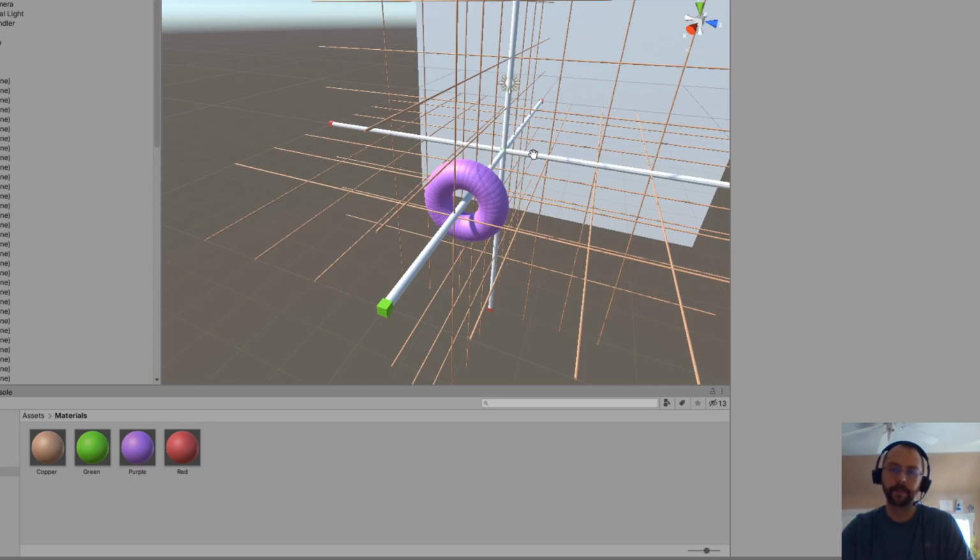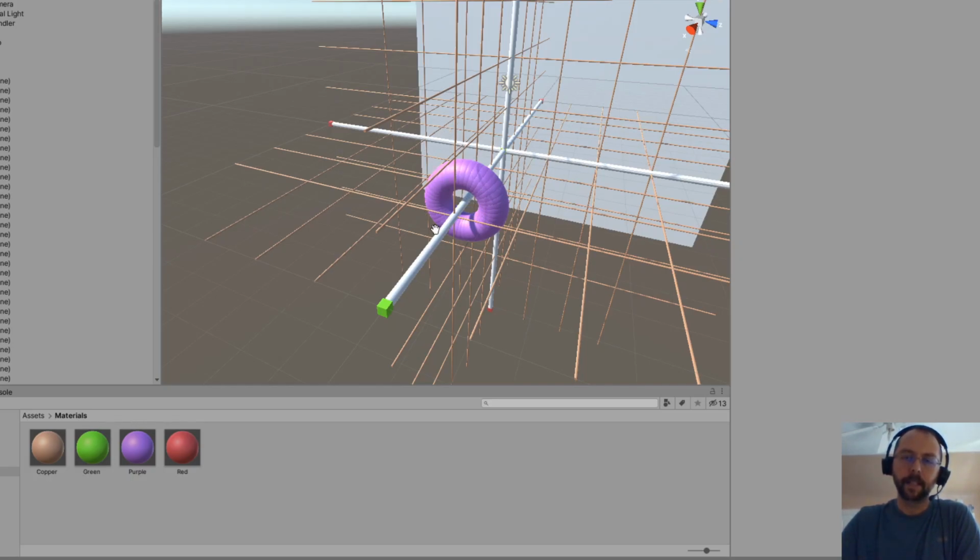This is Y, this is Z. These axes up here are wrong. Unity uses these axes naturally, and I switched the axes to the standard convention that I'm used to seeing, so these labels are incorrect. Vertical is Z, towards the camera is X, and left and right is Y.